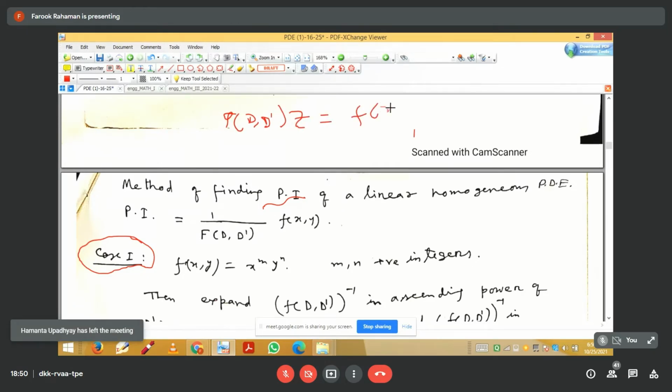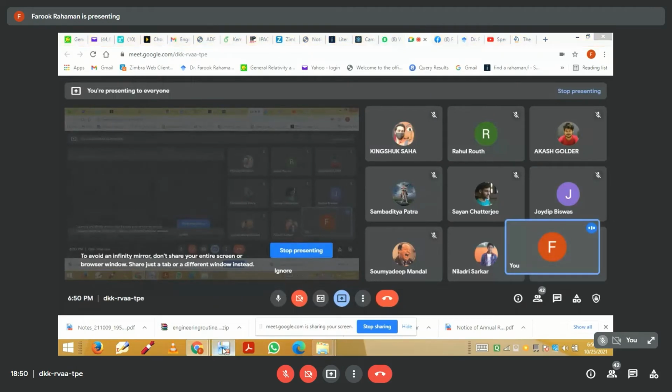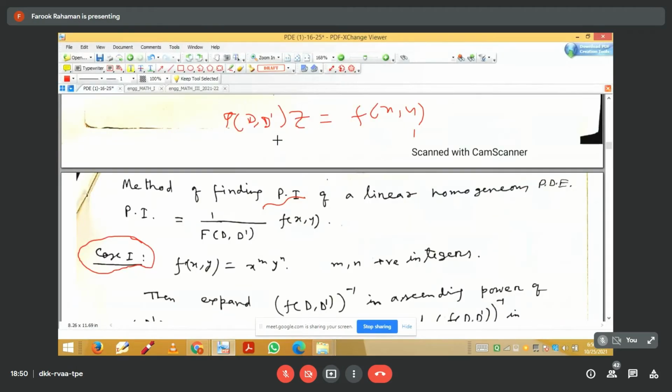Okay, this is the general equation. This is the given equation, and from this given equation, one can write the particular integral form.